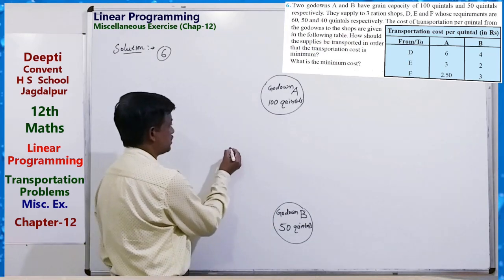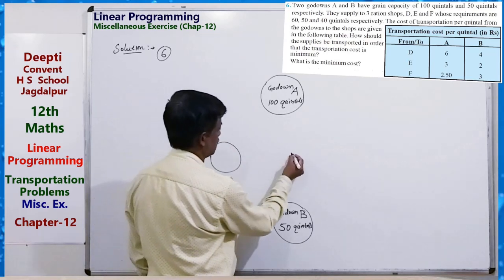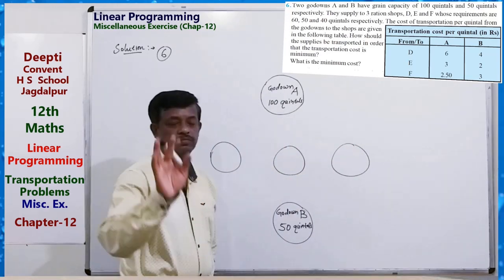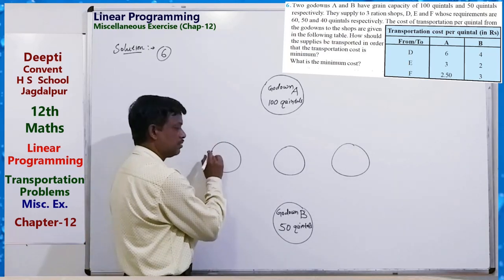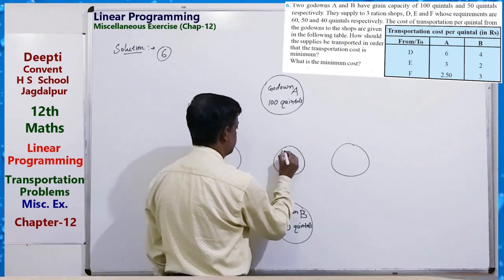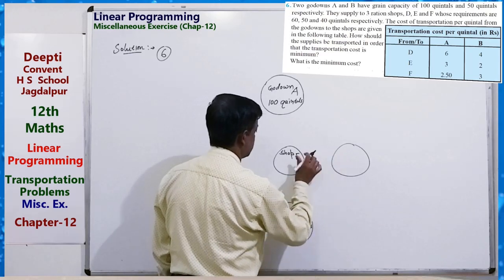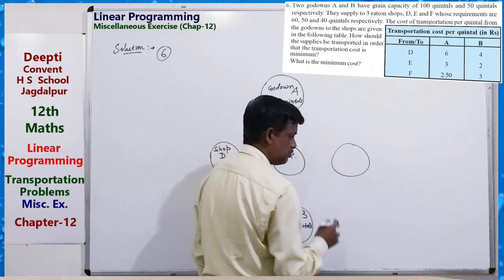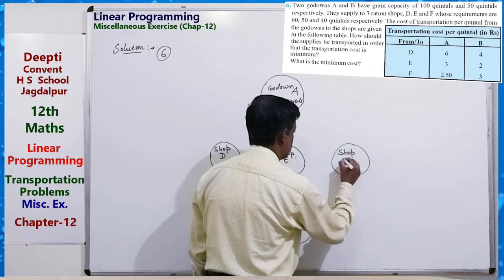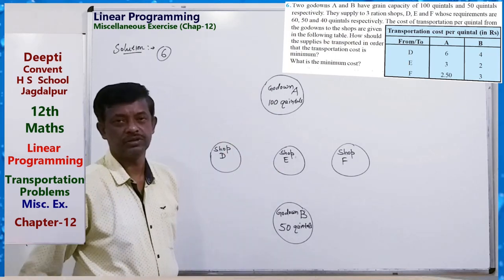Suppose this is the first shop, the second shop, the third shop: shop D, shop E, and shop F. Both godowns supply grain to these shops.